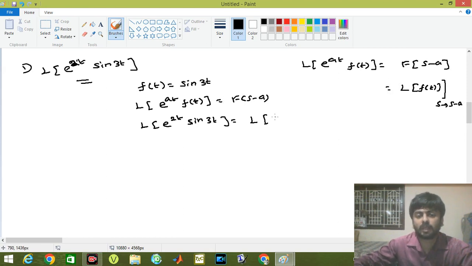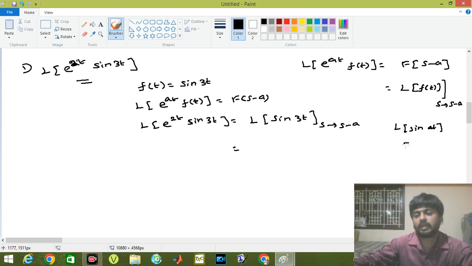So it will be L of sin 3t, whereas s has to be turned into s minus a. We know the value: L of sin at equal to a divided by s square plus a square.